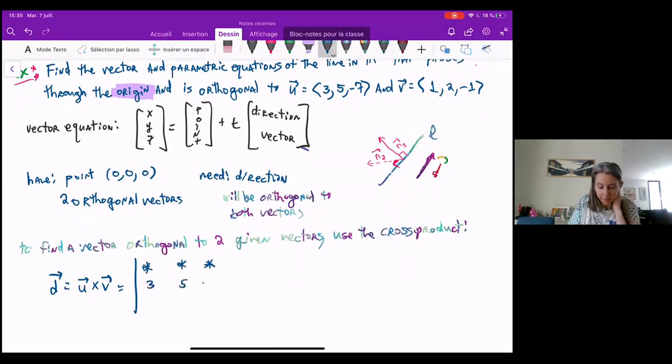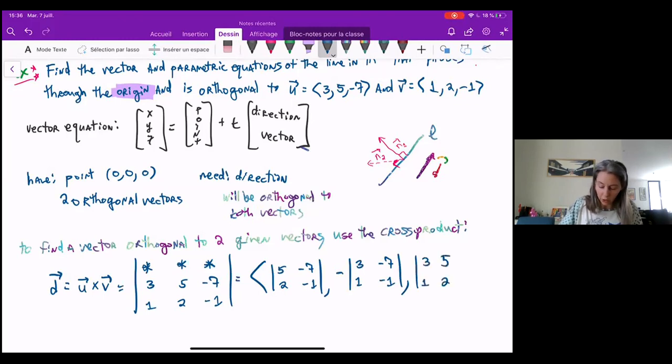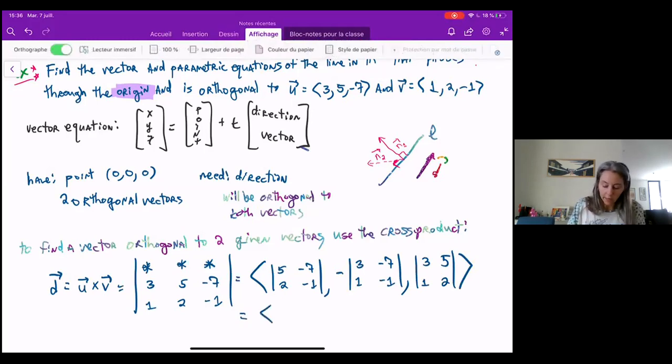So that's 3, 5, -7, 1, 2, -1. We cofactor expand across the first row, not multiplying by the stars, pretending they're not there, to get these 2 by 2s, 5, -7, 2, -1. Cross out the second column, but remember we're now in a minus place, -3, -7, 1, -1. Then cross out the third column to get 3, 5, 1, 2. Which gives us these 2 by 2 determinants to calculate.